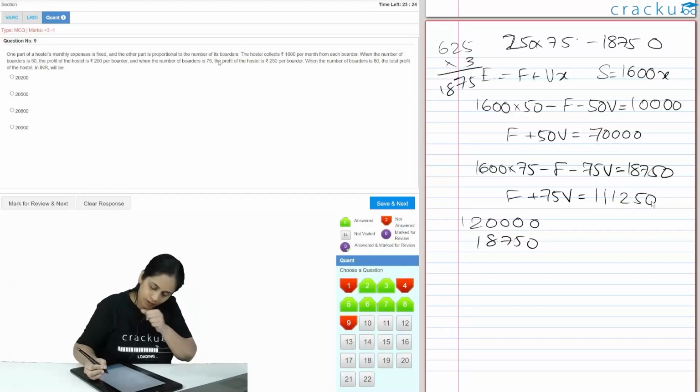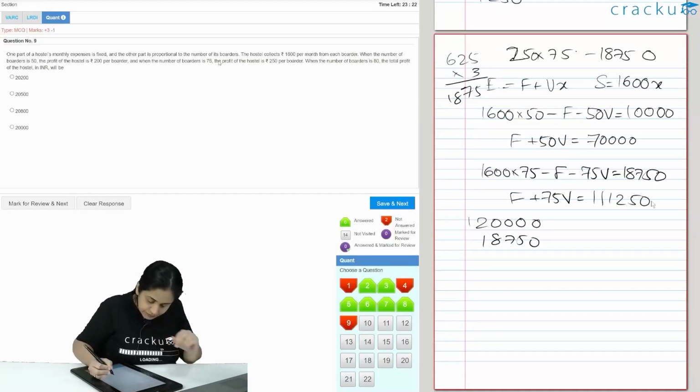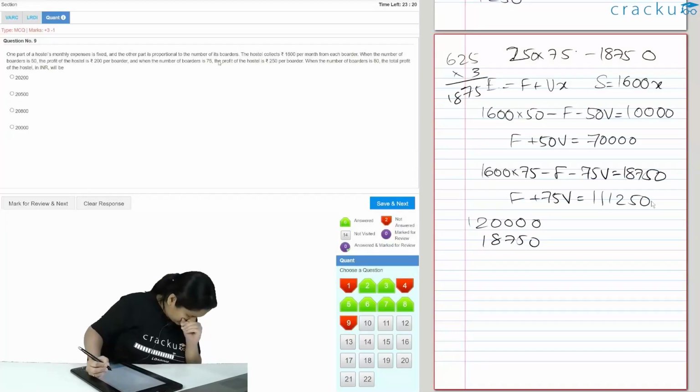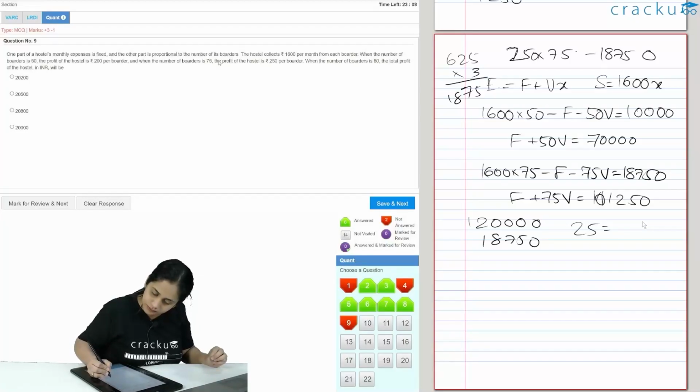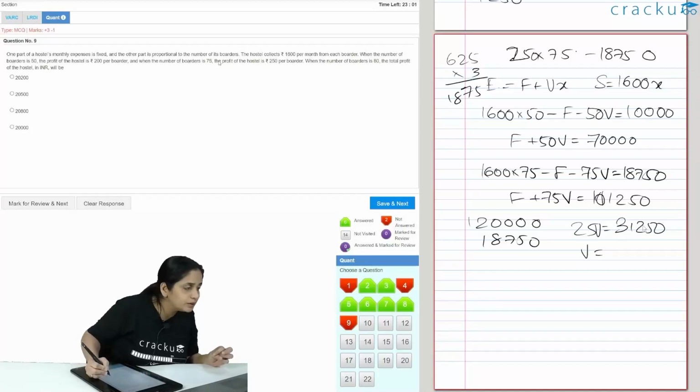So 1,01,250, right? So 25V is equal to how much? This is equal to 31,250. V is equal to 1,250.